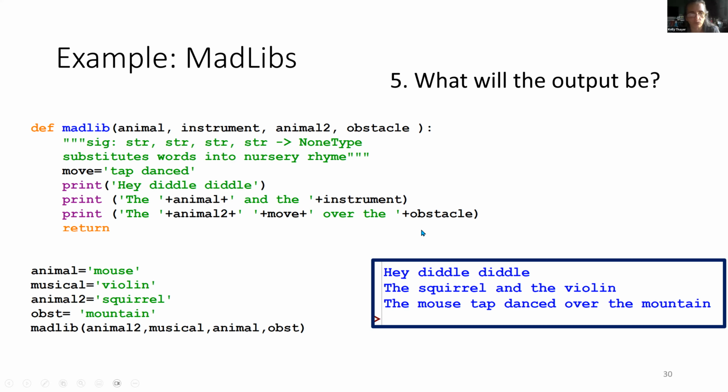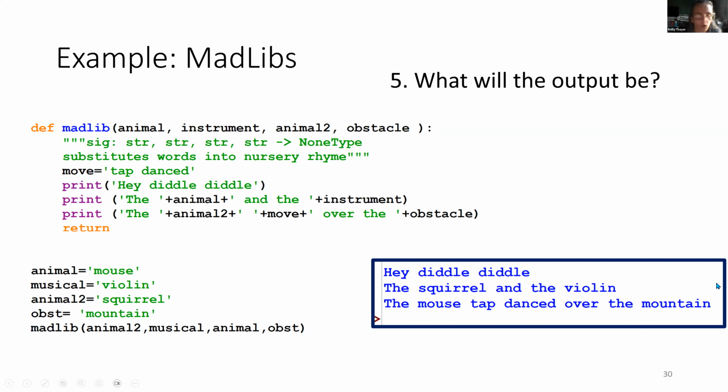We continue. What is animal 2 equal to? Animal 2 here is equal to this animal here, which is this animal, which is mouse. So it says the mouse tap. Tap dance came from move.